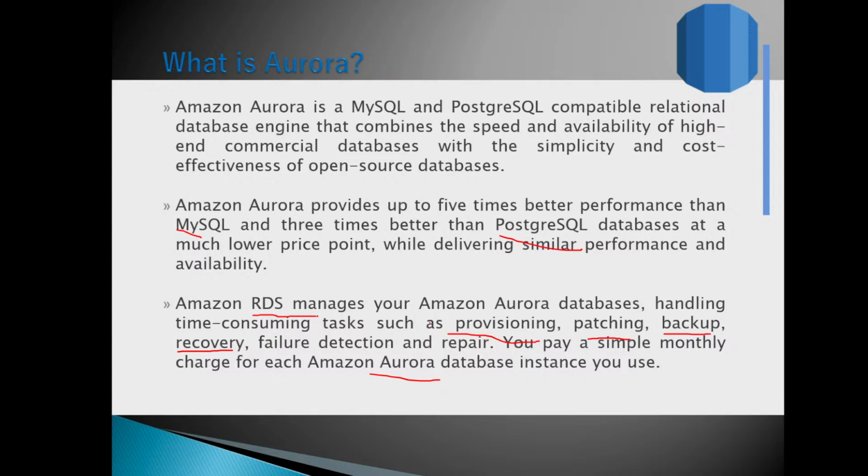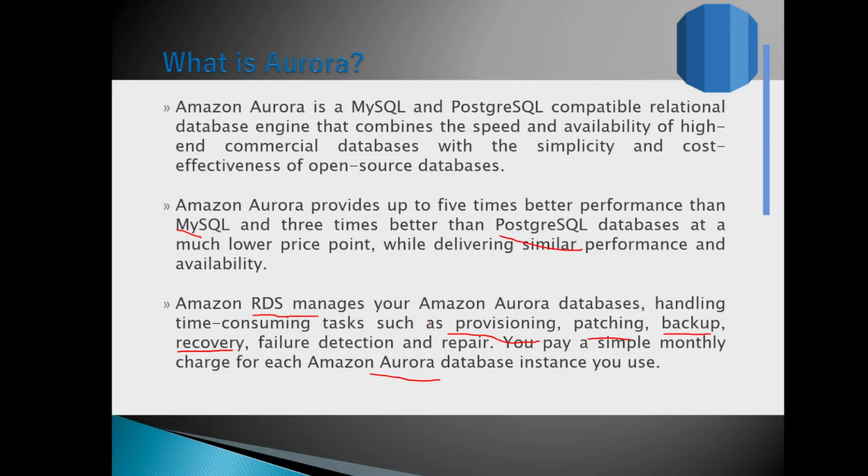When you are creating a database on premise, you have to spend a lot of resources and money just to maintain the database. But in the cloud, if you are using RDS, all the administration tasks are handled by Amazon, which comprises provisioning, patching, backup, recovery, failure detection, repair, and so on. Aurora is an RDS database, so all these tasks will be handled by Amazon.